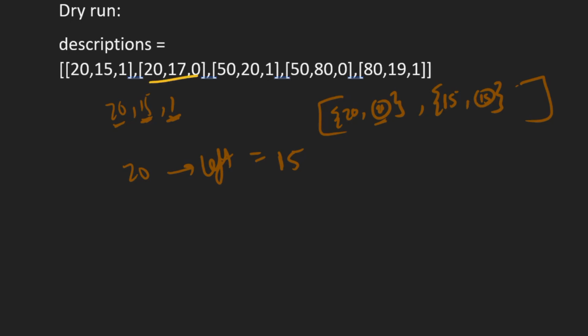Then we go to the next value, that is 20, 17, 0. We check, do we have a node created for 20? Yes, we already have a node created for 20. Then we check, do we have a node created for 17? No, so we create a tree node for 17. Then we make the connection. Here isLeft is equal to 0, so 17 is the right child of 20.